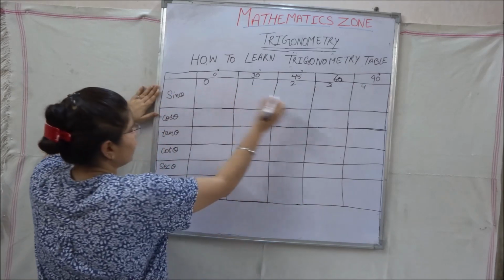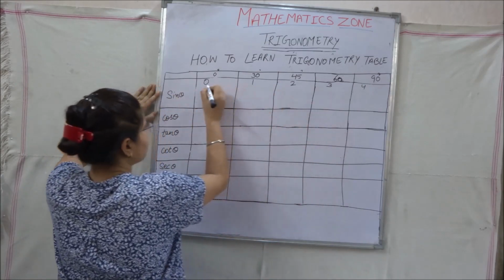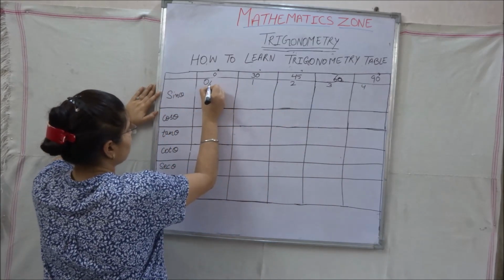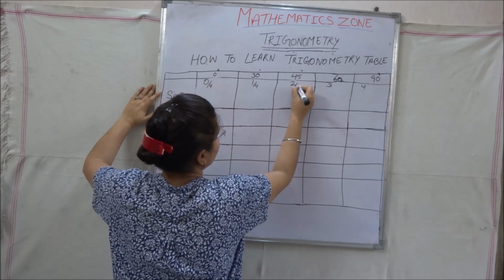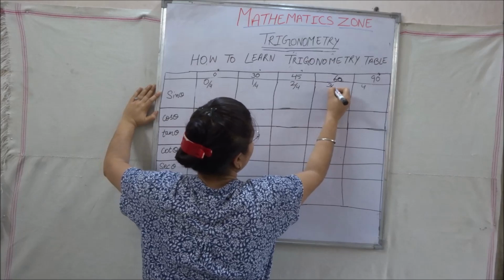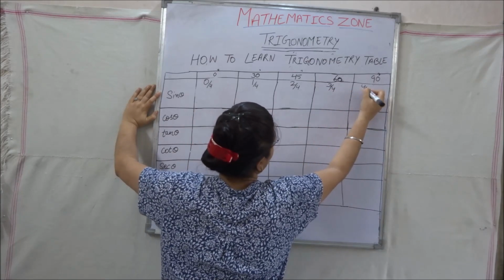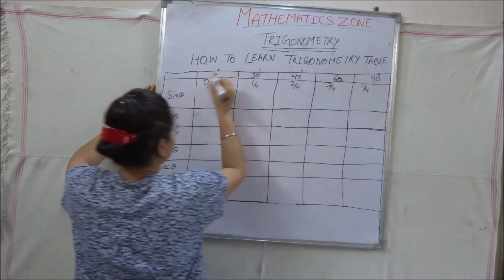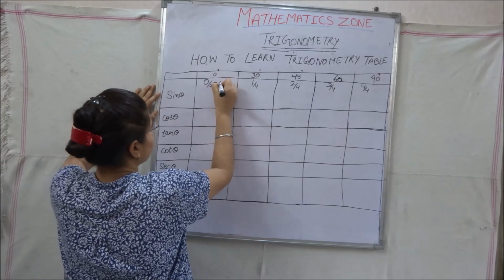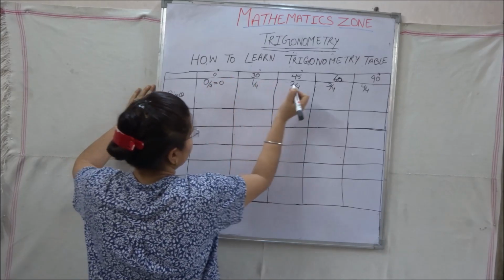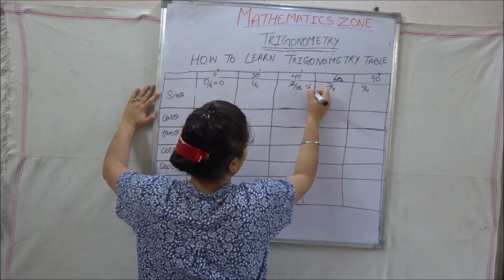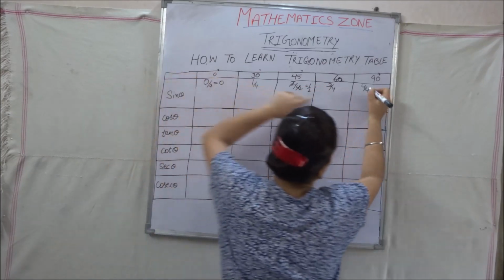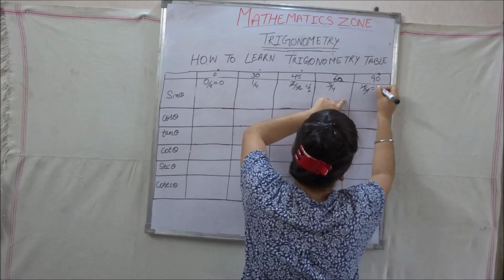Now we will divide all the numbers by 4: 0 by 4, 1 by 4, 2 by 4, 3 by 4, 4 by 4. Now divide each number. 0 by 4 will be 0, 1 by 4 remains the same, 2 by 4 is 1 by 2, and 4 by 4 will be 1.